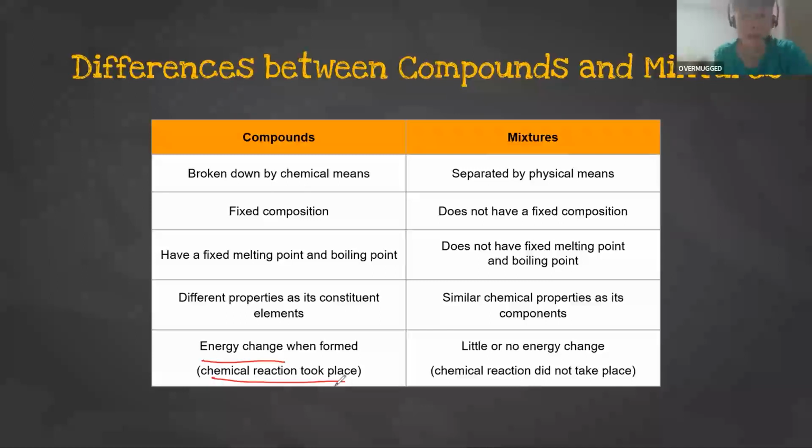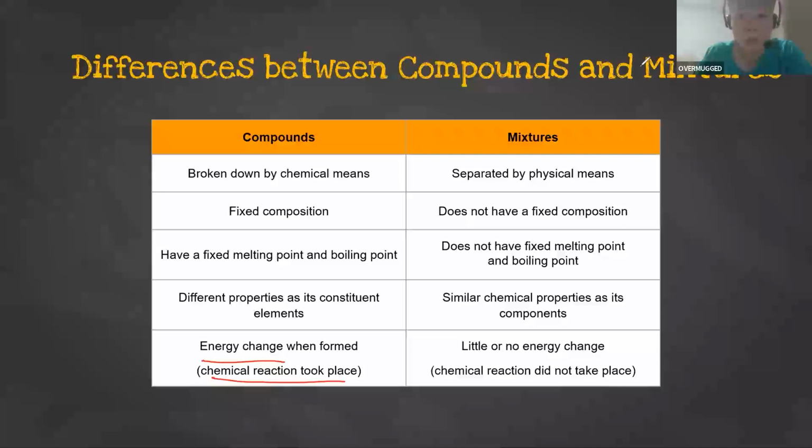If you go and touch the conical flask, you may find that it became warmer or it became colder. If you do your practical, you may observe these kinds of things in the future. That's what I mean by chemical change, right? Heat energy is being absorbed or released when compounds are formed or when a chemical reaction took place. This will be covered in another chapter in Sec 4 as well.